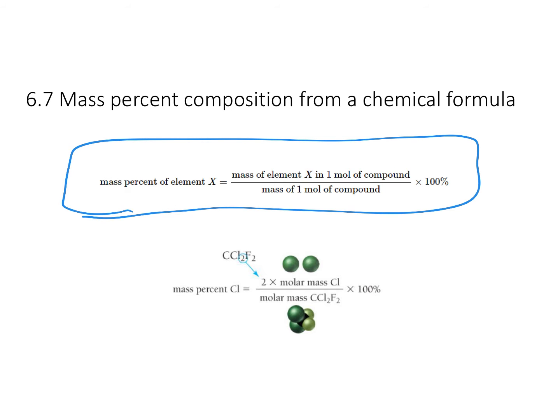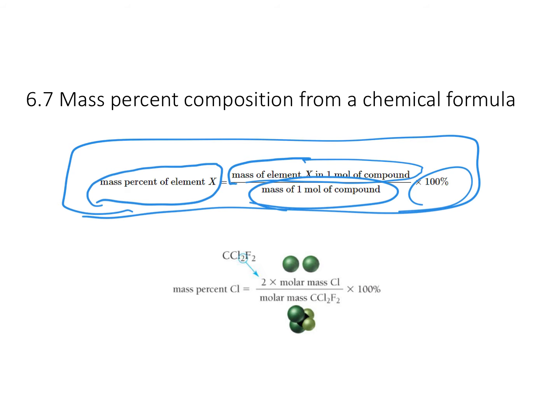The other is to write conversion factors as much as needed, and both give you the same answer. And we're gonna solve an example for you guys to see that if you want to calculate mass percent of element X in your compound, you write mass of that element in 1 mole of compound divided by mass of 1 mole of compound, multiplied by 100%. Does this formula make sense to everyone?